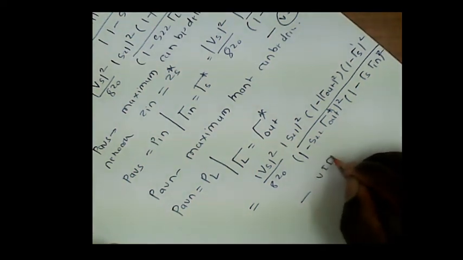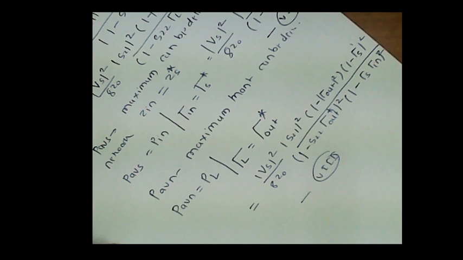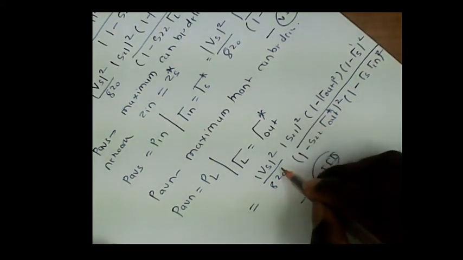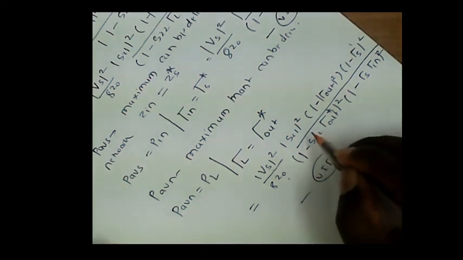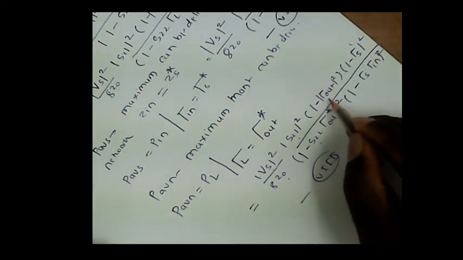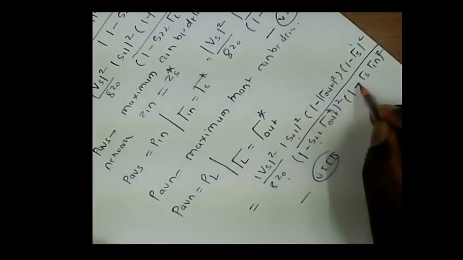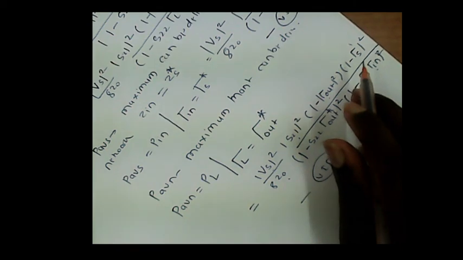So this is equation number 9, where the maximum available power delivered to the load depends upon the voltage source, characteristic impedance as a parameter, the two-port reflection coefficient at the output, and the reflection coefficients of the source and input. So this is to be calculated.